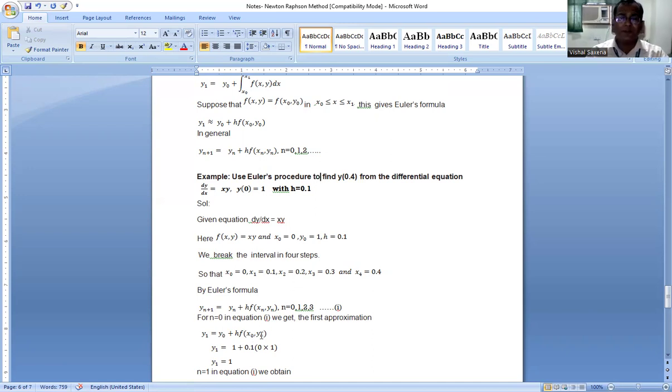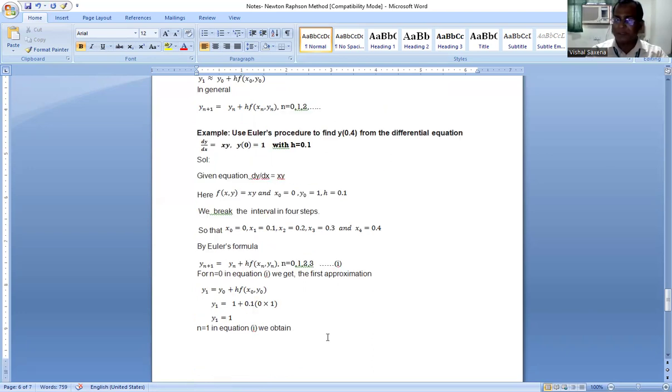First of all, we have to take n equal to 0. We put n equal to 0 in the first approximation, and we get y1 as y naught plus h into function f(x naught, y naught). This equation reduces to this form for n equal to 0, and this is called the first approximation.